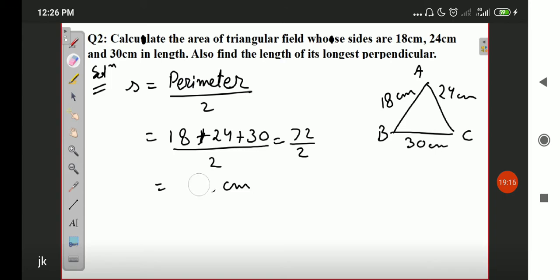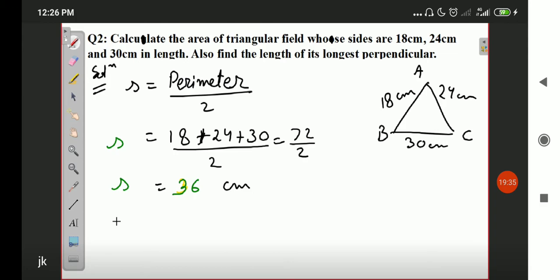Oh, sorry, 36. Try not to make mistakes like this, okay? Try not to be overconfident with your calculation, like I just did. So the value of S, the semi-perimeter, is 36.